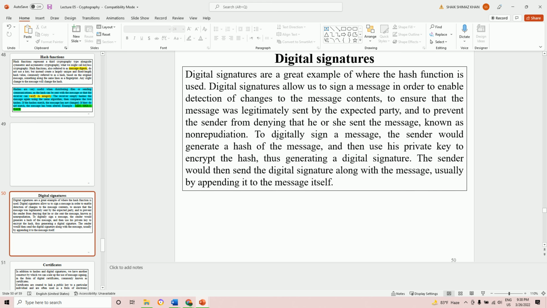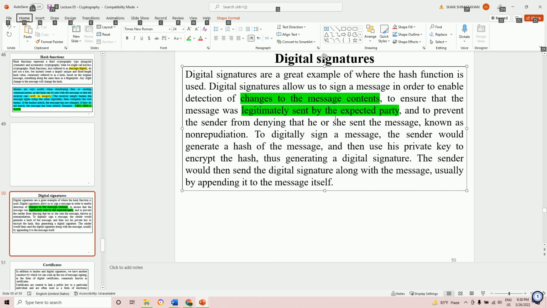So you can see here, this is integrity of the message content, to check the changes. This is authentication: the message was sent by the expected party. And the third one is non-repudiation, to prevent someone from denying that he or she sent the message.